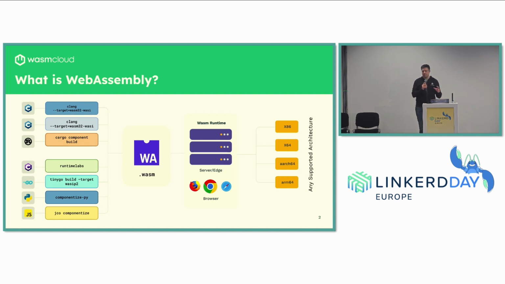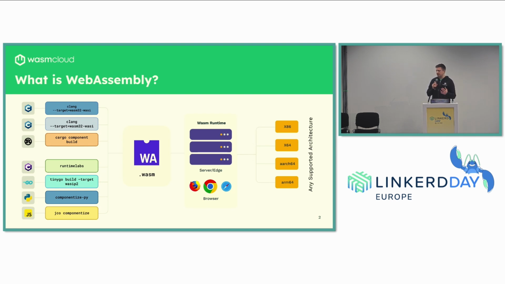You can think of WebAssembly as kind of like a tiny VM. The idea is that you take a bunch of different source languages, and using their language-specific tooling, you compile them down to WebAssembly bytecode, or a binary target. That's the .wasm module here. Then you can run that .wasm on basically any WebAssembly runtime.